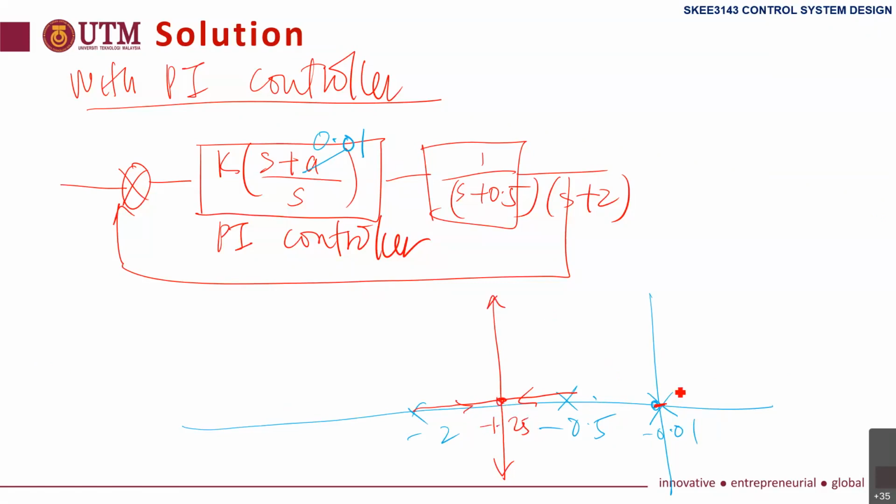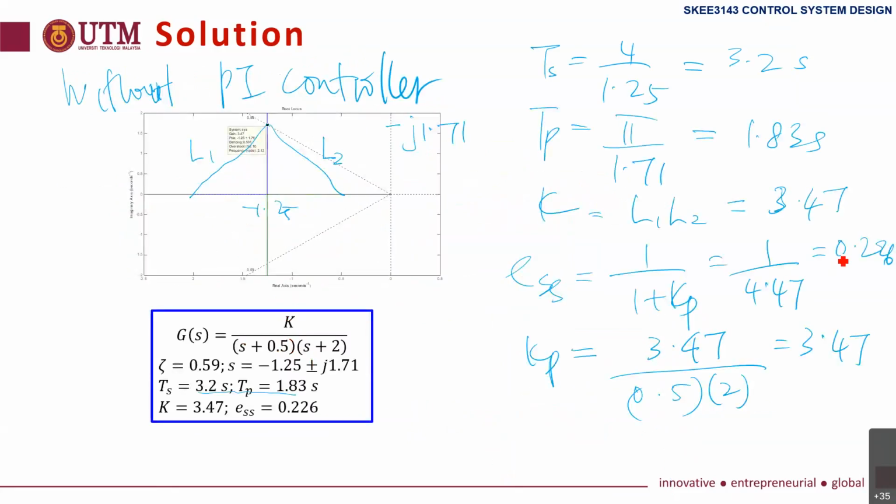And if we draw another zeta line, the same, 0.59, we get this point, which is 1.68j. When we compare, it was minus 1.25 plus minus j1.71.